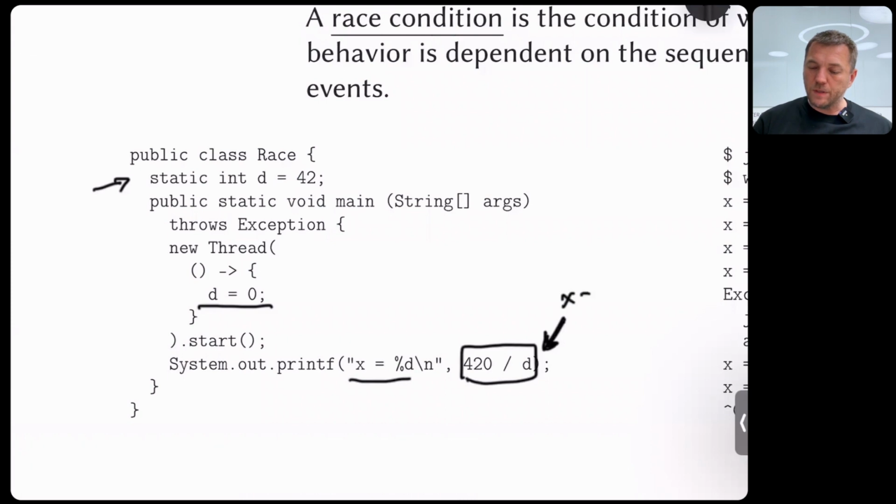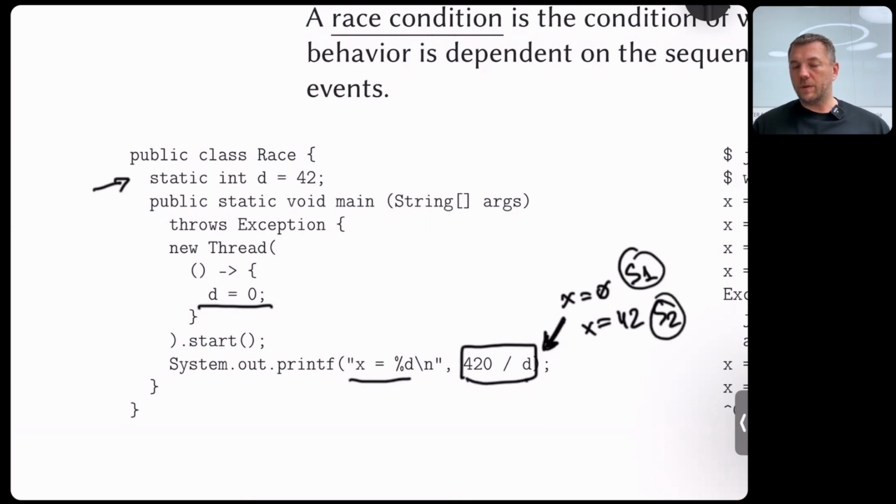Maybe d will be equal to 0, or maybe d will be equal to 42. So there are two possible states, state number 1, state number 2. I don't know in which state the system will be when it comes to my statement where I do the division. And nobody knows. It depends on multiple factors, and it's impossible to predict.